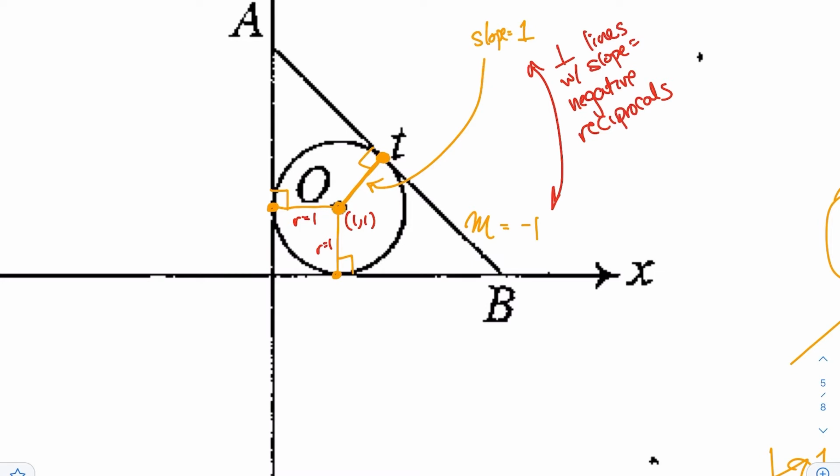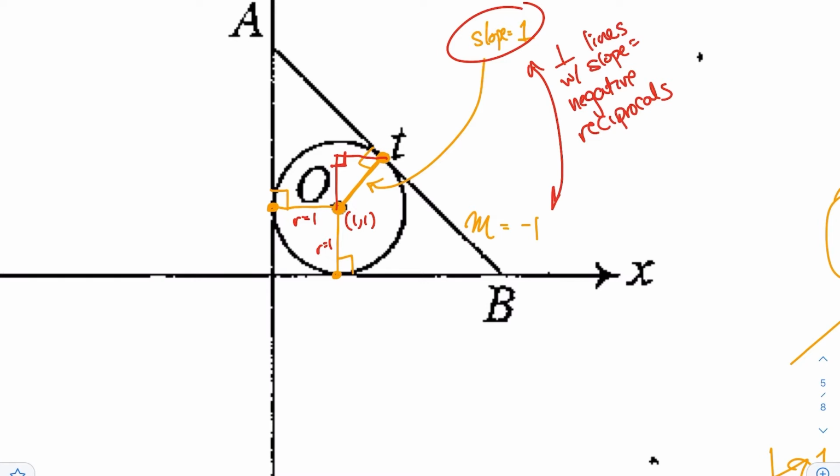In this case, because everything is symmetric and the radius is just 1, 1, and the slope is 1, you can actually draw a right triangle that connects the radius O to the point T, and this will be an isosceles right triangle because the slope is equal to 1, so that means that the x and the y have to be equal.